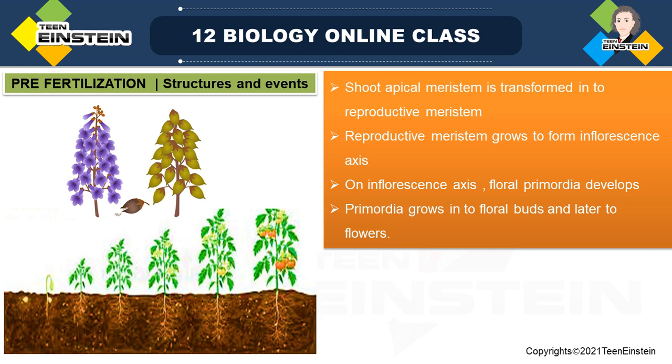And in this picture, you can see the apical meristem. That apical meristem of this shoot is transforming to reproductive meristem. All these things are occurring due to hormonal changes.